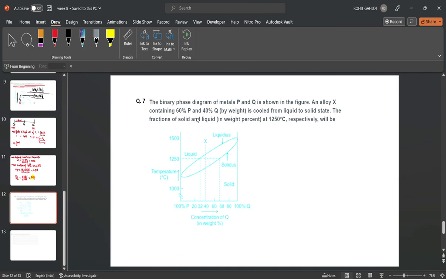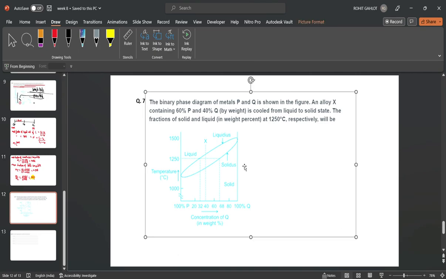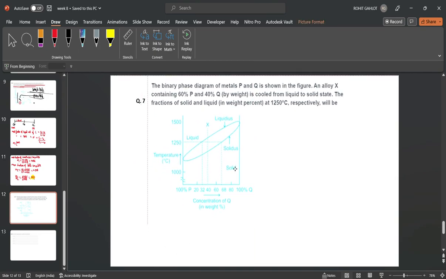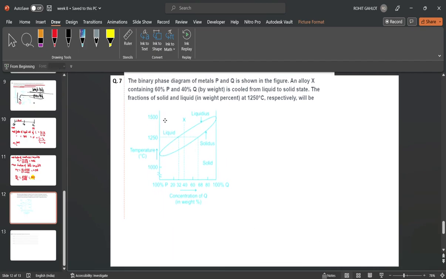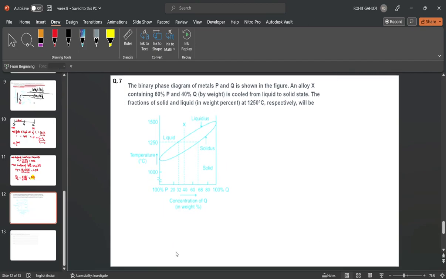So let's do one more problem similar to this, which will help explain more. Here the binary phase diagram of metals P and Q is shown in the figure.